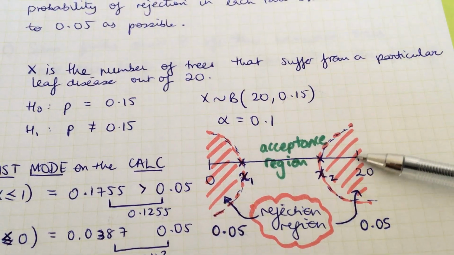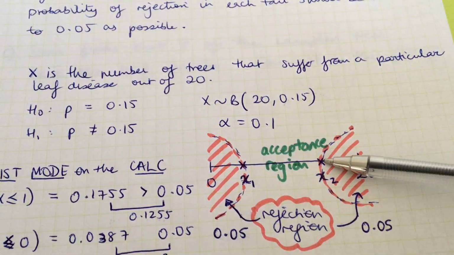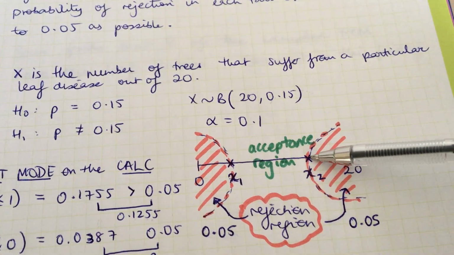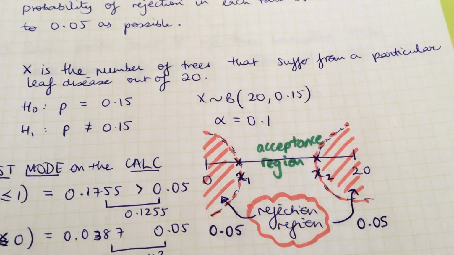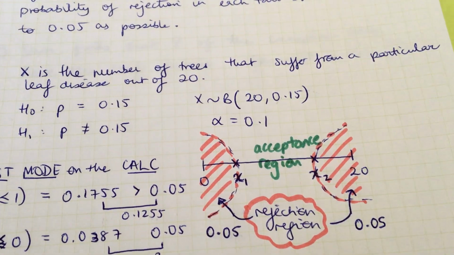If we look here, then this could be, I don't know, 18. That means, again, it's gone worse. That means more trees are getting the disease.